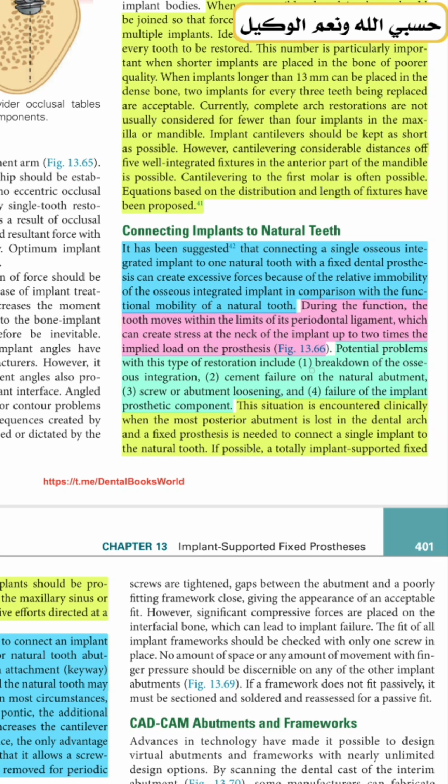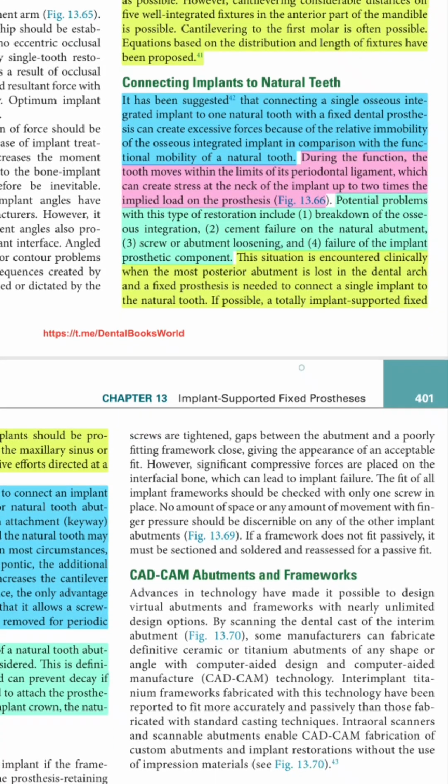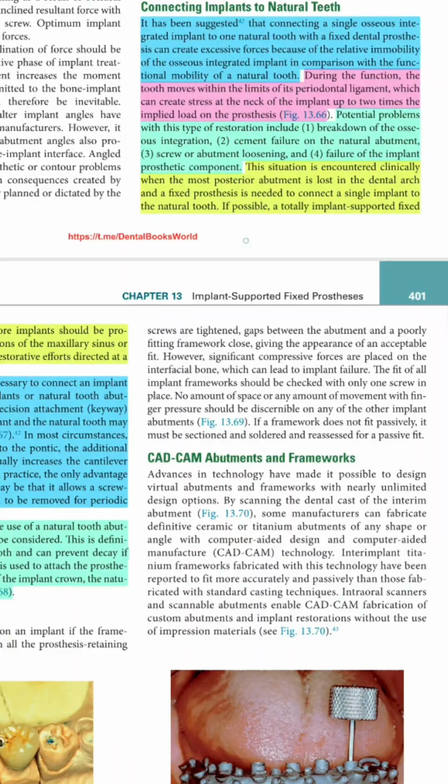During function, the tooth moves within the limit of the periodontal ligament, which will create a stress at the neck of the implant up to 2 times the implied load on the prosthesis, and we will get potential cement failure, screw loosening and fracture of the components.